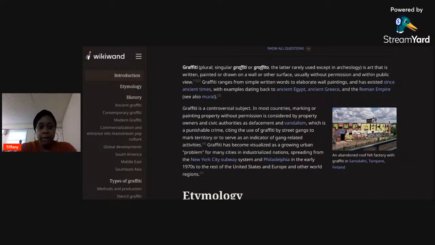Graffiti ranges from simple written words to elaborate wall paintings and has existed since ancient times, with examples dating back to ancient Egypt, ancient Greece, and the Roman Empire.